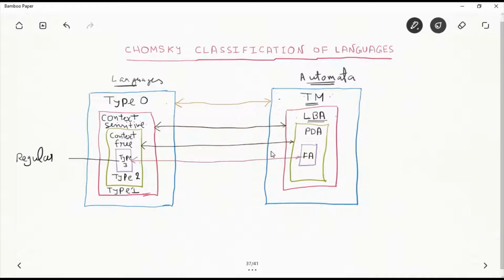In case of context free or type 2, the corresponding automata is known as PDA or push down automata. And in case of type 3, you are very much aware of finite automata. So the language accepted by finite automata is called regular language.